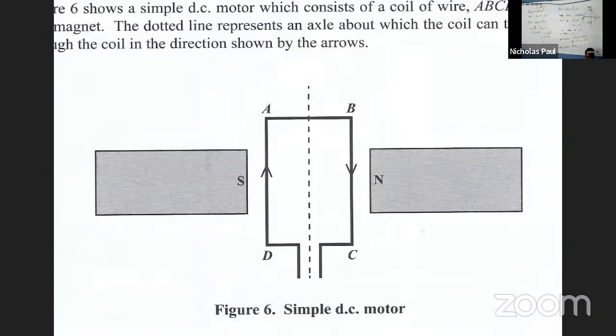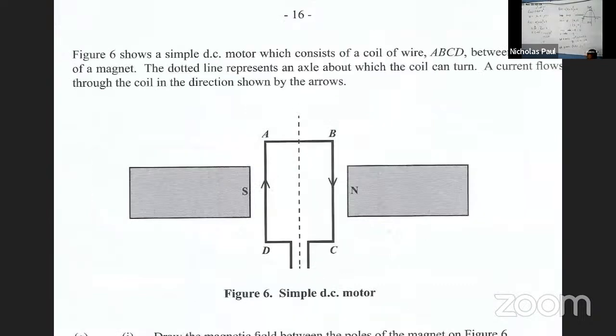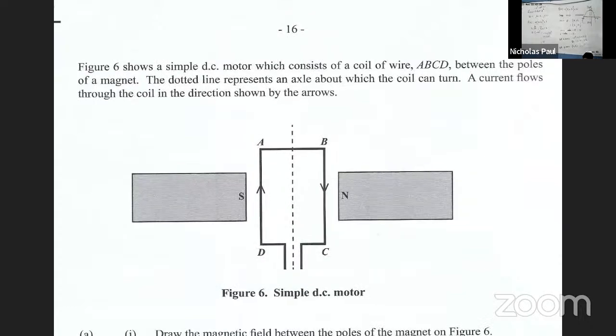So figure 6 shows a DC motor, right? Which consists of a coil of wire ABCD between the poles of a magnet. The dotted line represents the axle about which the coil can turn. A current flows through the coil in the direction shown. So they give you everything you need, right?